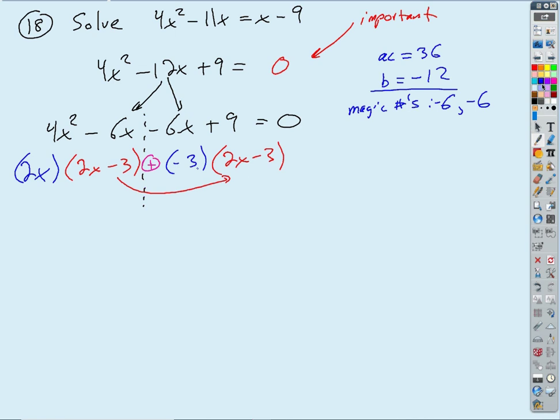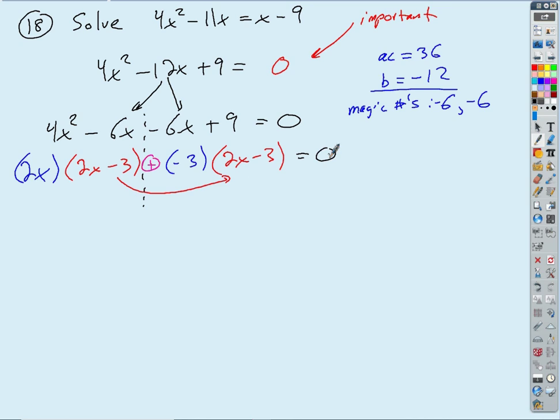So then what do we end up with? If we factor out our 2x minus 3, and this is all equal to 0. Why do you have to undistribute the negative 3? Because whatever the leftover factor from group 1 was, I need to have the same leftover factor from group 2. The reason I need that is so I can have a common factor that I can undistribute.